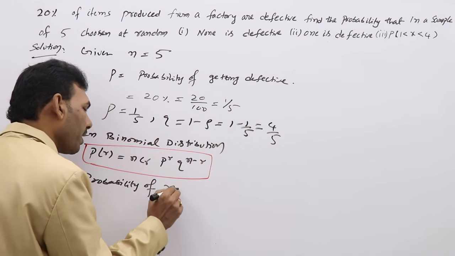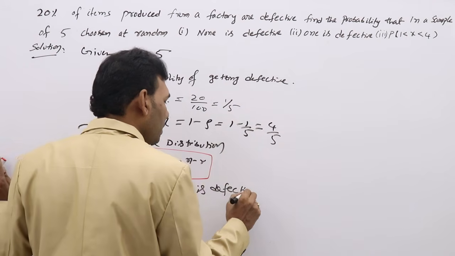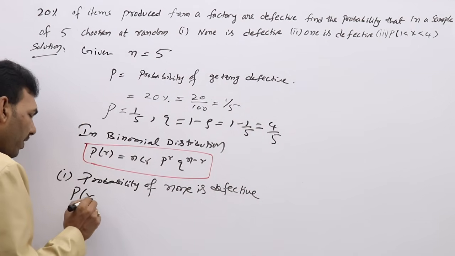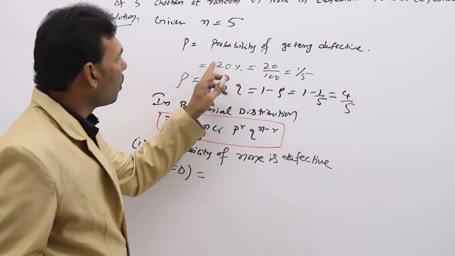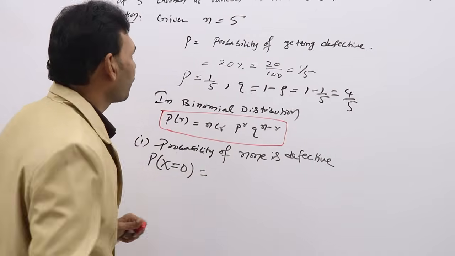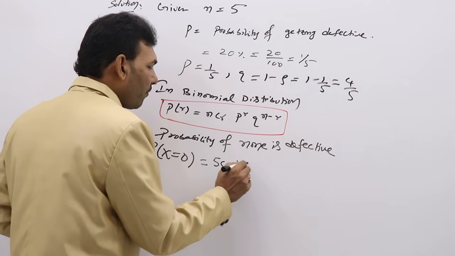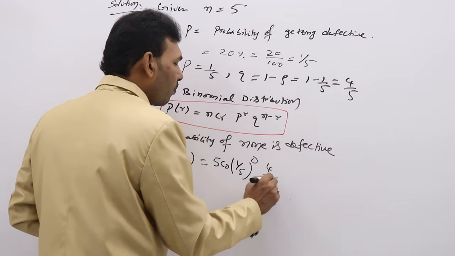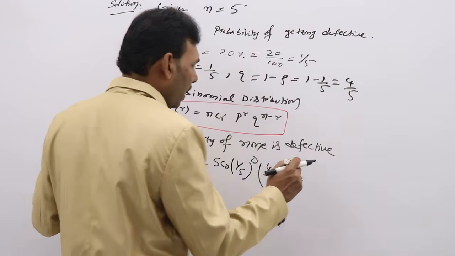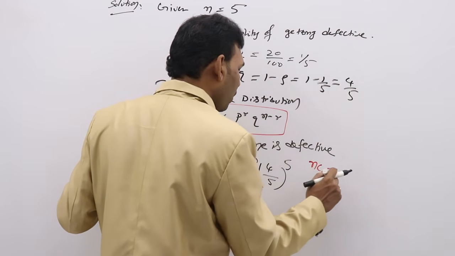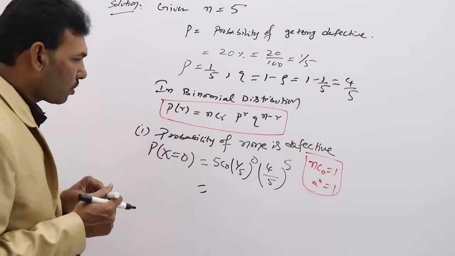Now the first one is probability of none is defective. That means we need to find probability of X equal to 0. So in this formula, write 0 in the place of r, and substitute n, p, q values. n is 5, 5C0, (1/5)^0, (4/5)^(5-0). We all know that nC0 is 1 and anything power 0 also 1.